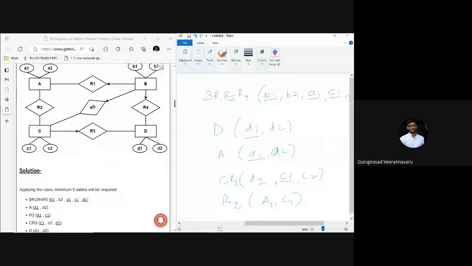D can be on its own. So D is D1, D2. Similarly, A is also not dependent on anyone. So it becomes A1, A2. And then C is dependent on D. So we have D inside C. And A is not dependent on anyone, but it has a relationship with C. So that needs to be covered. That we have covered with AC, A1, comma C. Cool.